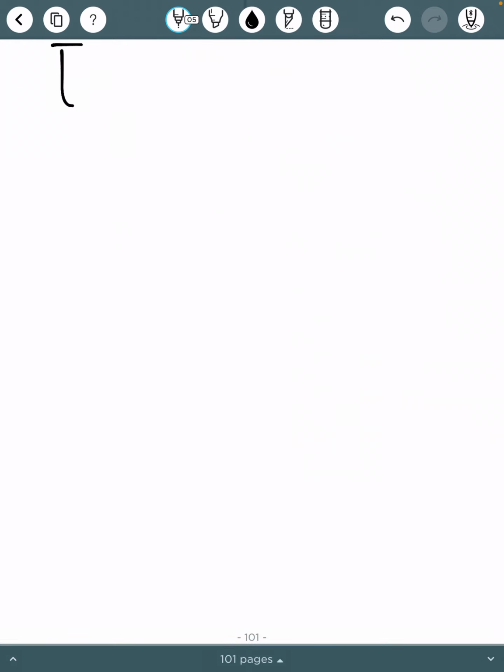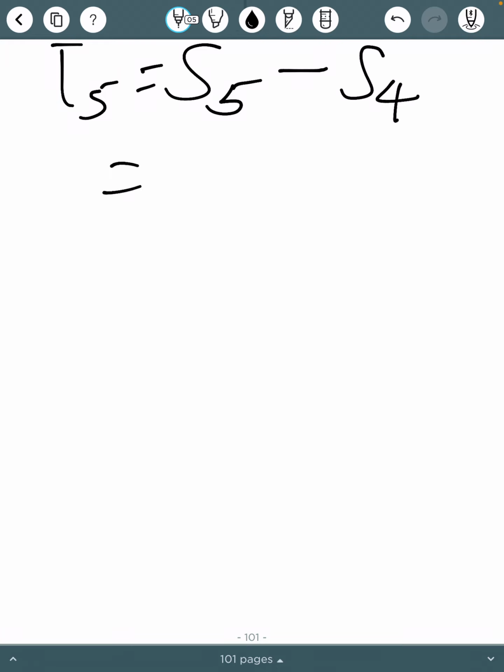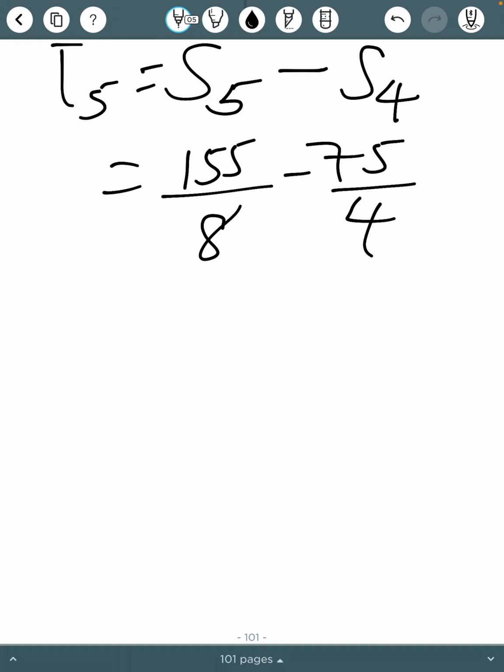So my fifth term, which is the sum of the first 5 terms minus the sum of the first 4 terms, will be 155 over 8 minus 75 over 4.